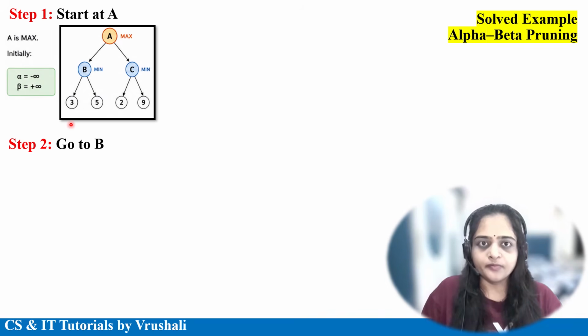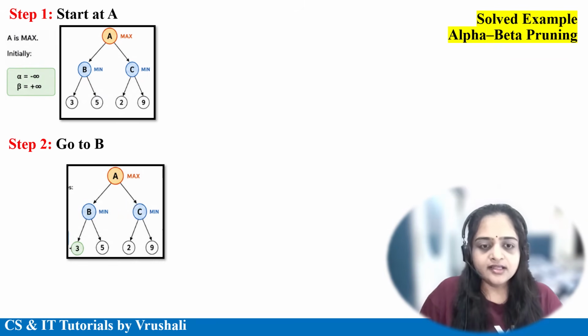Now step 2. Now you need to explore all the nodes from the root from left to right. Okay. Now A has a total of 2 children, B and C. So first you need to explore B. So our next step is to go to B. Now check here. From A we will move to B, right? And B has a total of 2 children, 3 and 5.